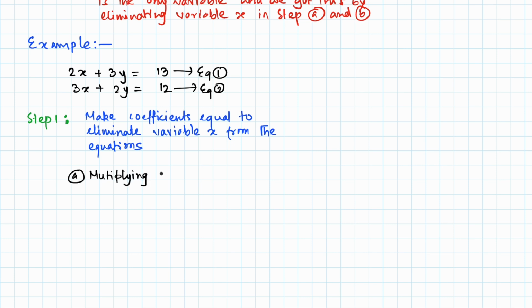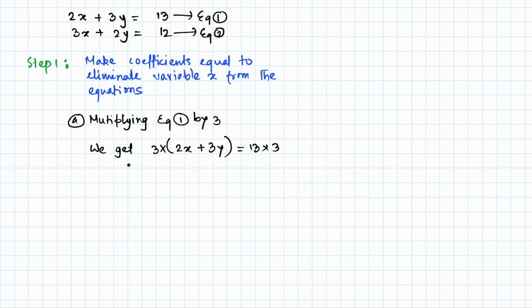Now A, we multiply equation 1 by 3. We are trying to make the coefficients of x equal, so multiplying the first equation by 3 we get 3 into 2x, 6x, plus 3 into 3y, 9y, equal to 39.